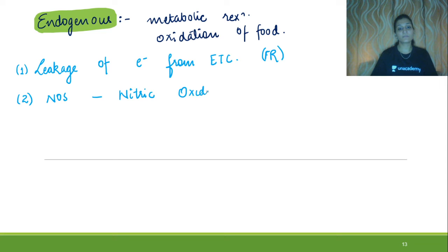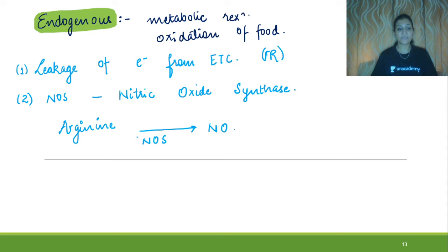When arginine is converted into nitric oxide in the presence of the enzyme nitric oxide synthase, there will be production of reactive oxygen species, or free radicals will be formed by the action of nitric oxide synthase. So this is also a normal metabolic process.